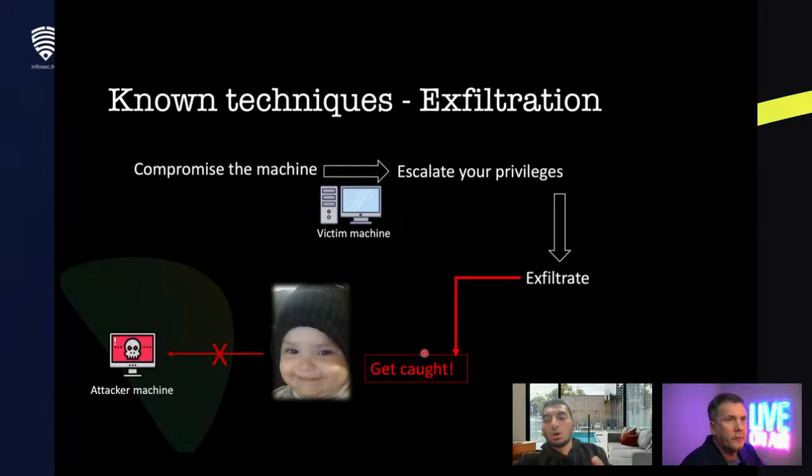Okay, now the known techniques during exfiltration. You compromise the machine, you escalate your privileges, you come to exfiltrate, but simply you get caught. Let's say you get caught because, for example, you were using a suspicious or non-common protocol inside the network infrastructure. So you get caught, and because you get caught, you have no access to the victim machine now.